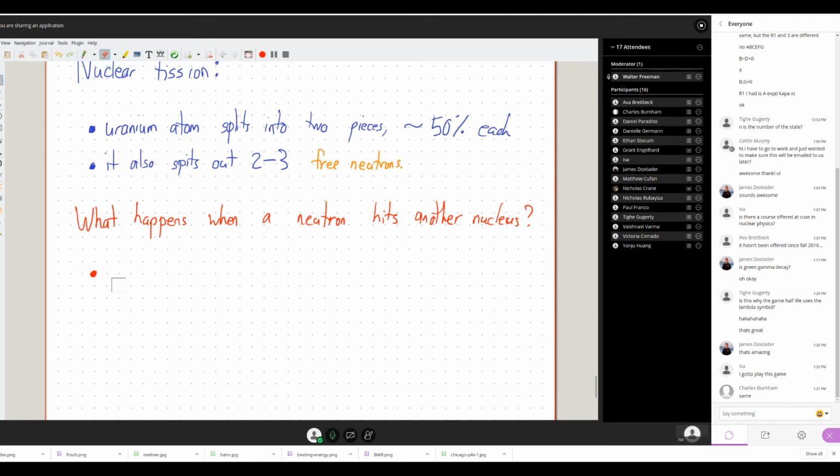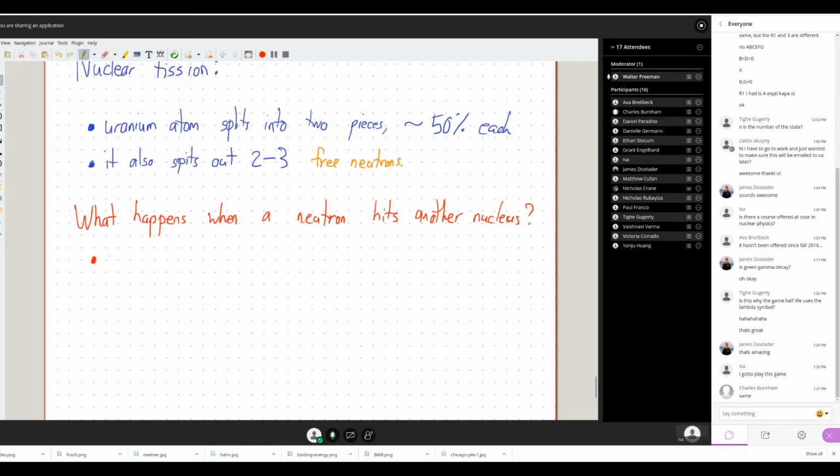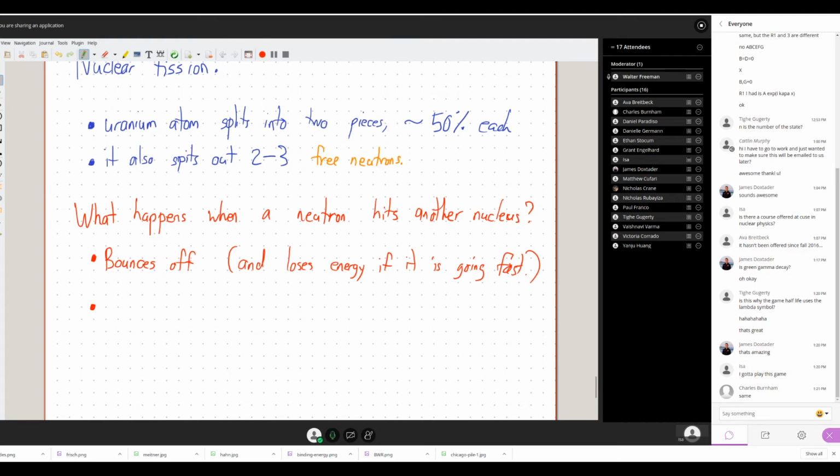The first one is it bounces off and loses energy, if it's going fast. That's one option. The second option is it's absorbed into the nucleus that it hits.